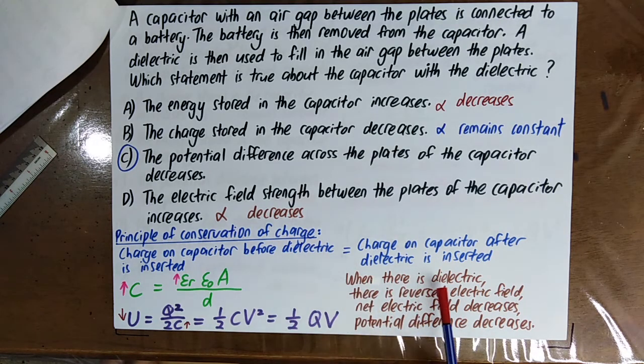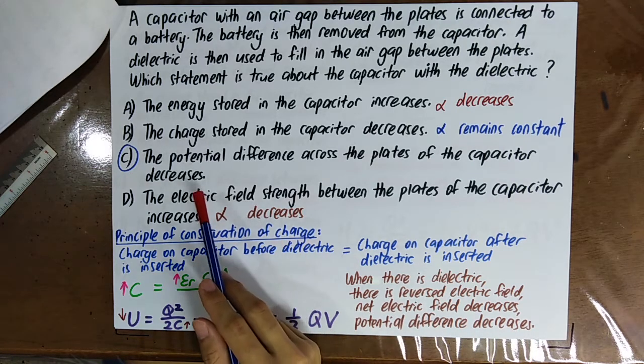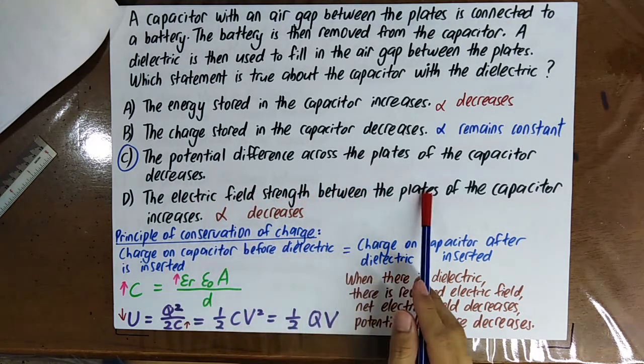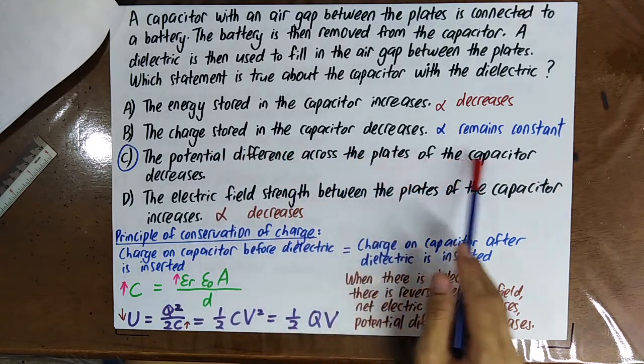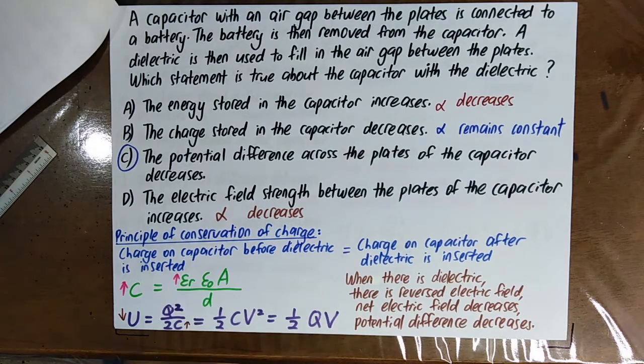When there's a dielectric, there's a reverse electric field, and the net electric field decreases, so the potential difference decreases. The electric field strength between the plates decreases, and the potential difference across the plates of the capacitor decreases.